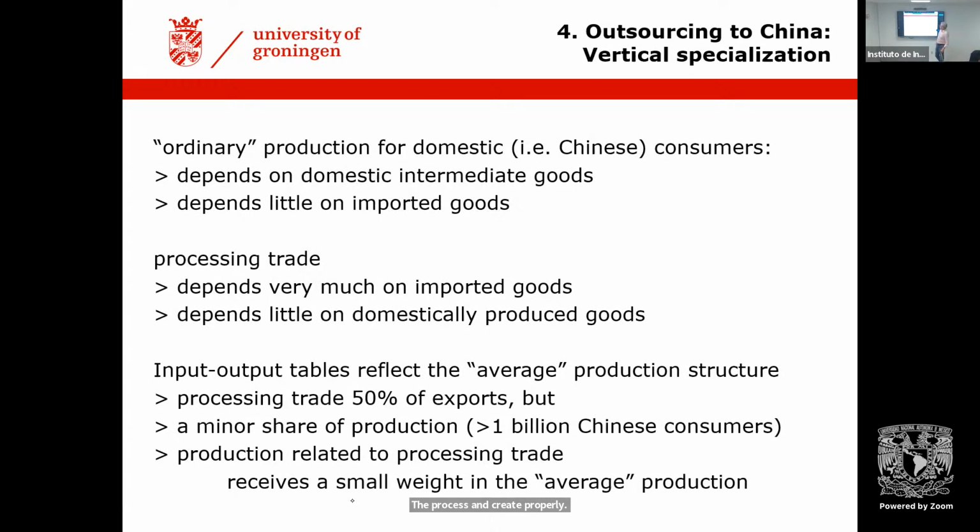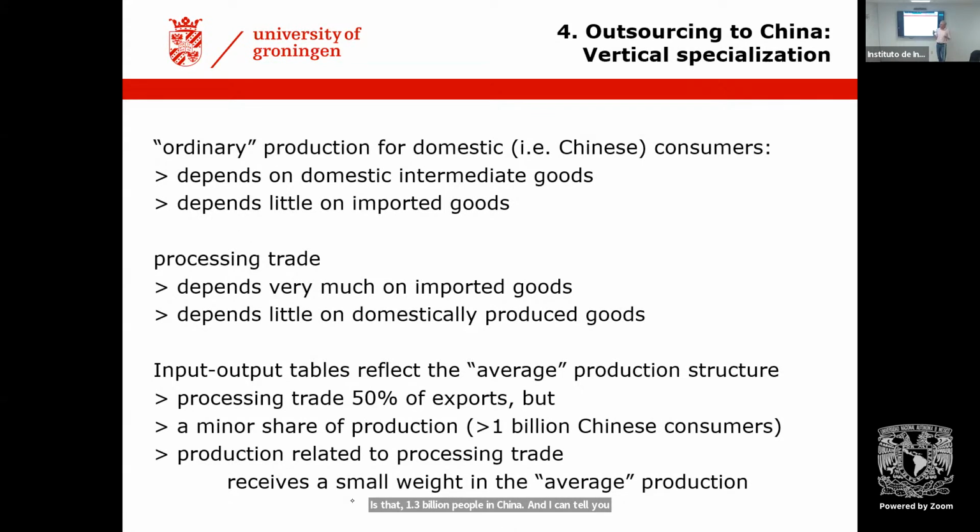Ordinary production for Chinese consumers depends largely on domestic intermediate goods and little on imported goods. Processing trade is exactly the other way around: it depends very much on imported goods and very little on domestically produced intermediate goods. The input-output table reflects the average production structure. There are 1.3 billion people in China, and I can tell you, they eat every day.